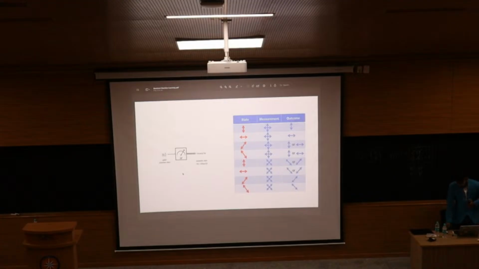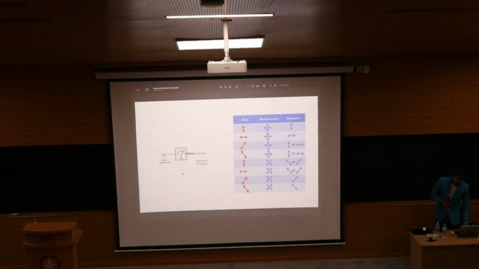Then let's talk about measurement. If you see this diagram, the first column has your qubit state, and the second has the measurement basis in which you are measuring the qubit state.